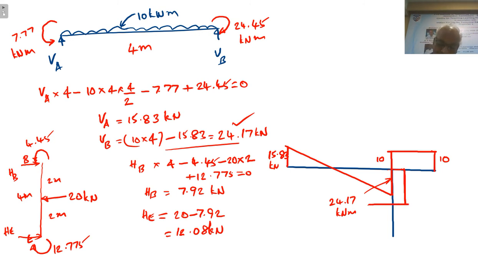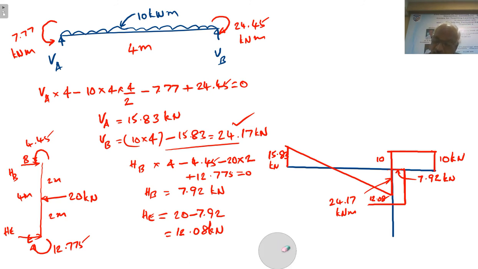So when it is 20 towards left, this value will be 12.08, because this value is 7.92 kilonewtons.